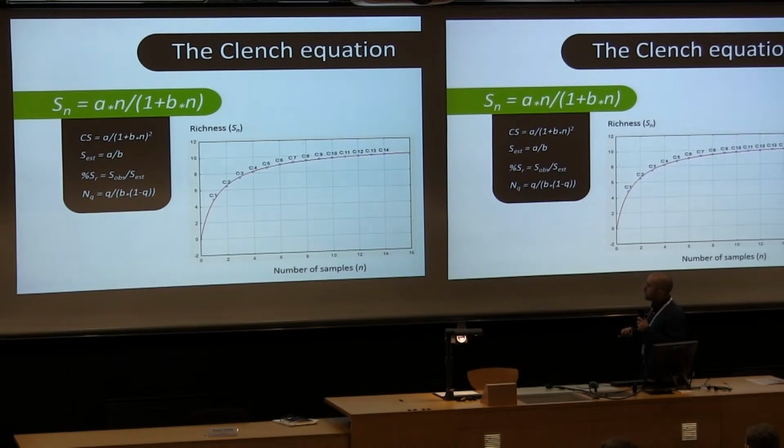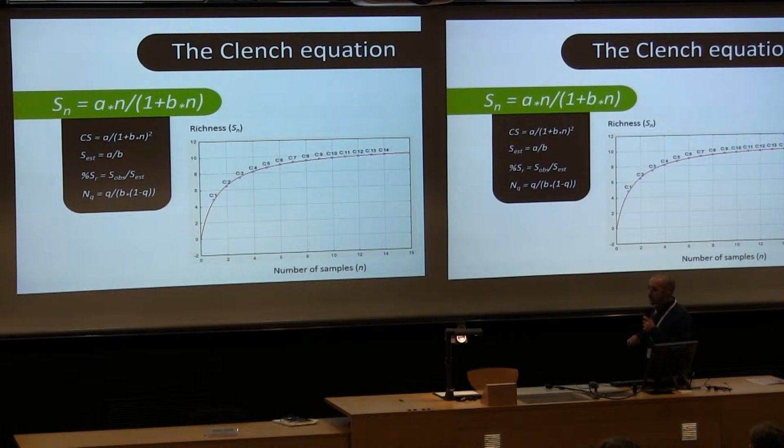We think this kind of equation can be very useful in paleontology because it allows us to evaluate the trade-off between loss of information and the amount of work to be done.